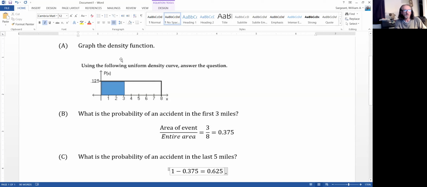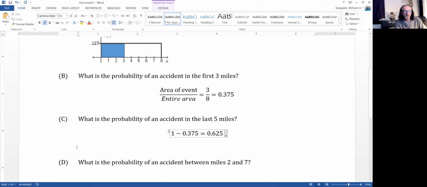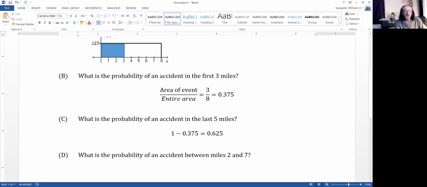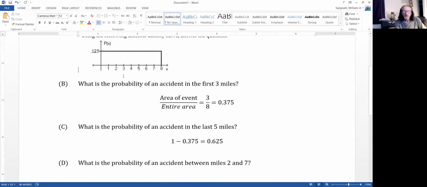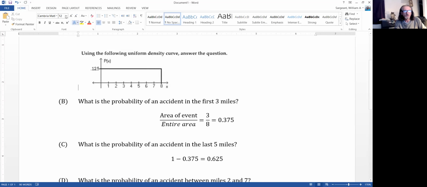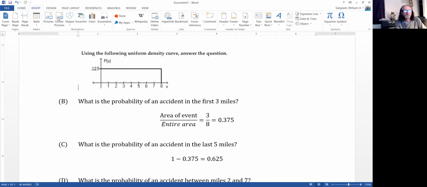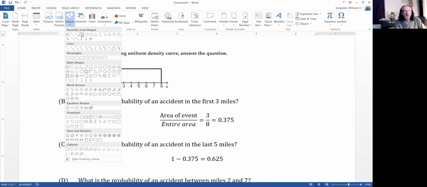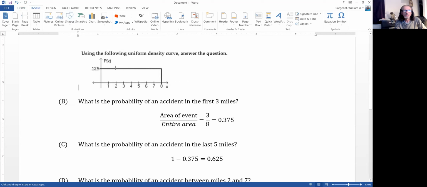All right, what next? It's the probability of an accident between miles 2 and 7. Well, let's first get rid of that shape. That's also a 5-mile stretch, but I'm going to do the shading anyway, from miles 2 to 7.